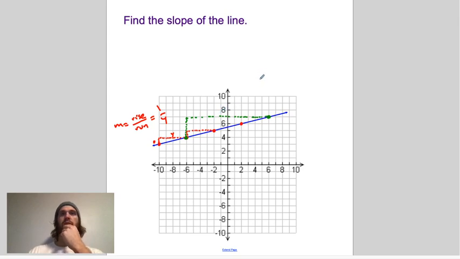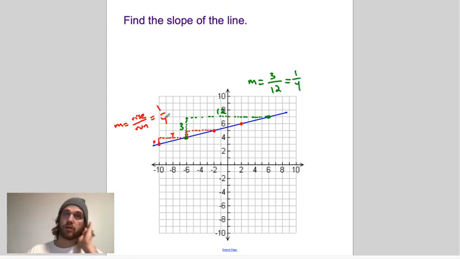So in green, m is equal to, my rise was 3, my run was 12. So we are going to write 3 over 12, which simplifies to 1 over 4, which is the same answer we got before.